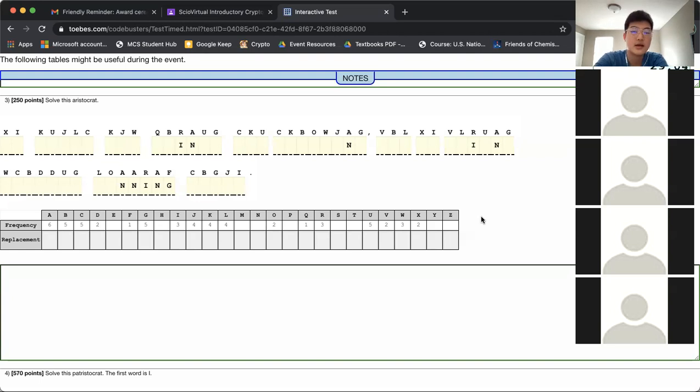What could XI be? I'm thinking maybe like 'he'. It can't be 'it' since we already used I. It's probably either 'to' or 'he'.